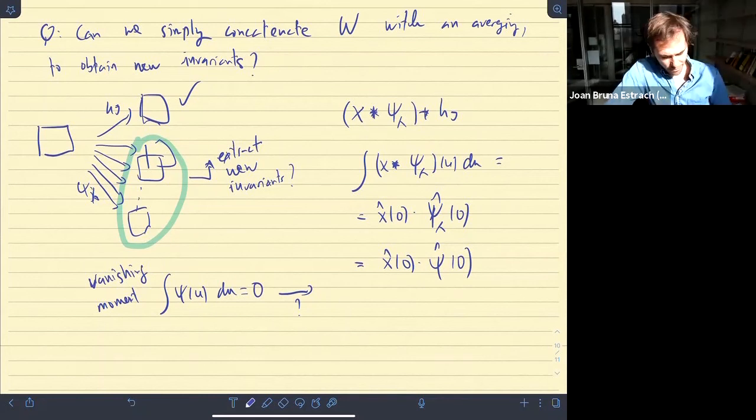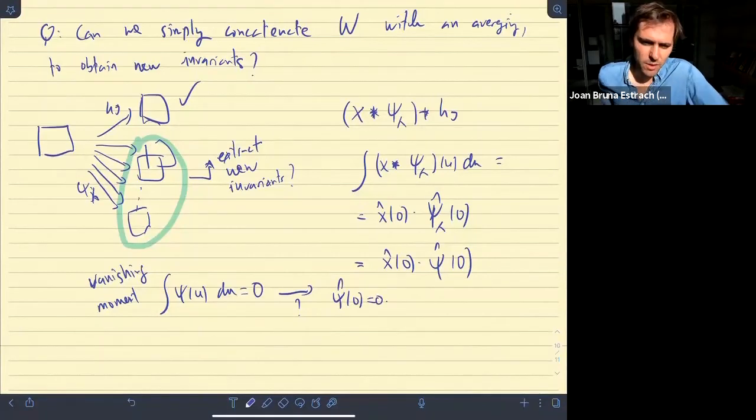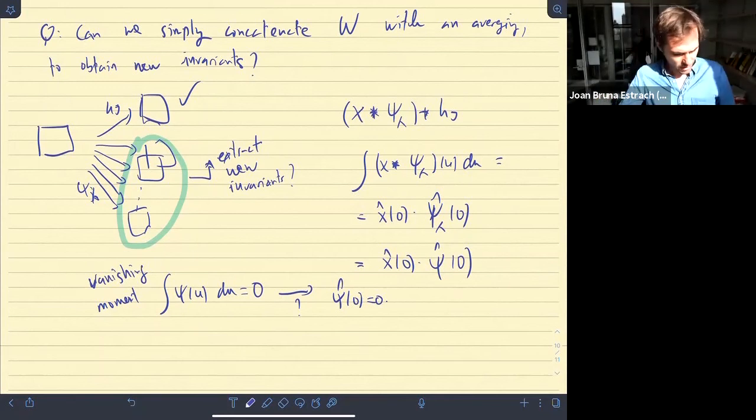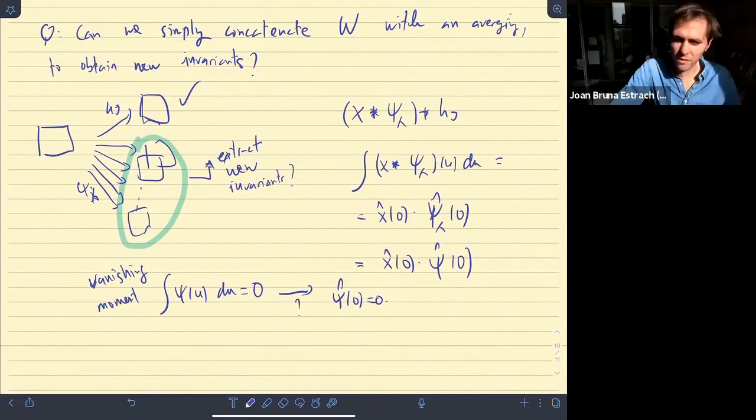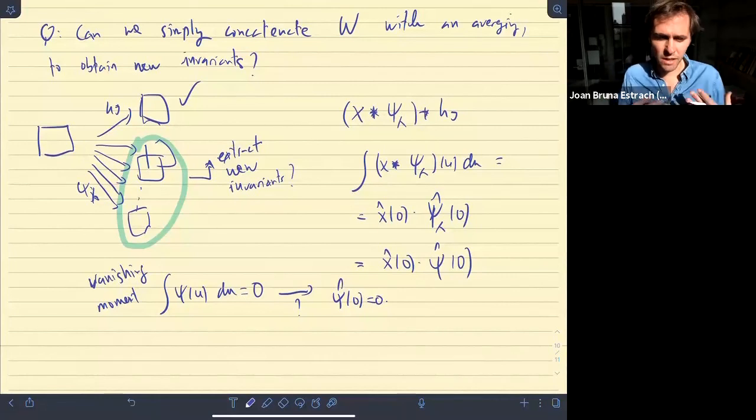So this thing implies that, of course, the wavelet cannot produce new information directly by simply concatenating it with the average. By construction, the vanishing moment means that the average of the wavelet is 0, so the average of anything that is convolved with the wavelet is also 0.